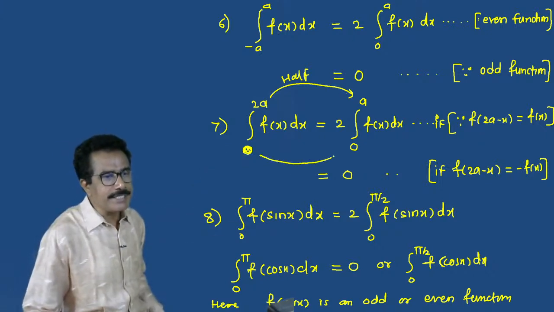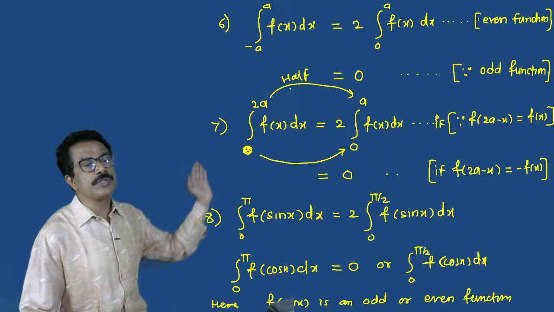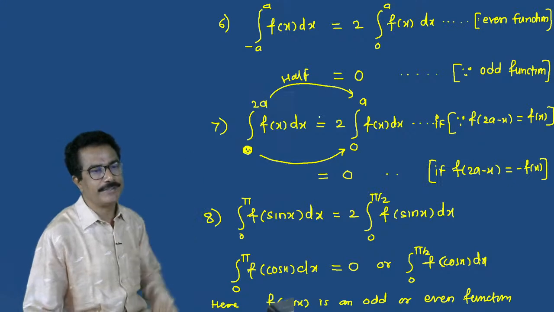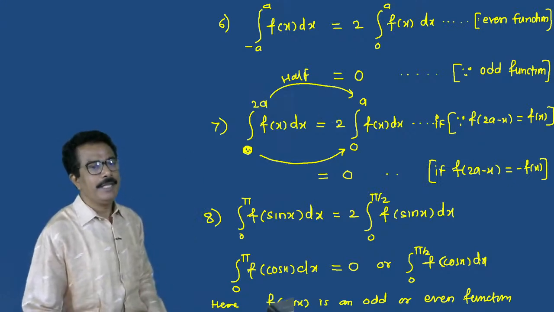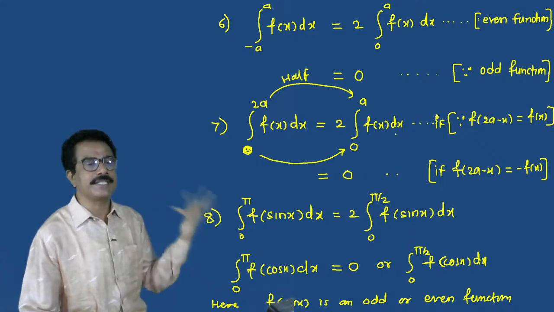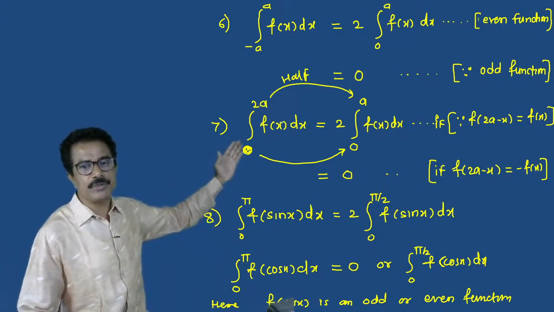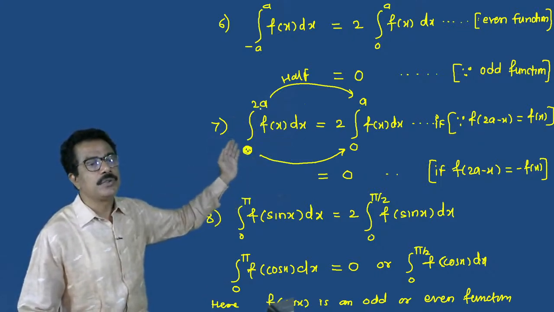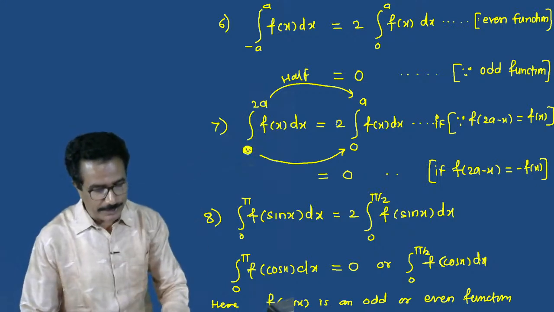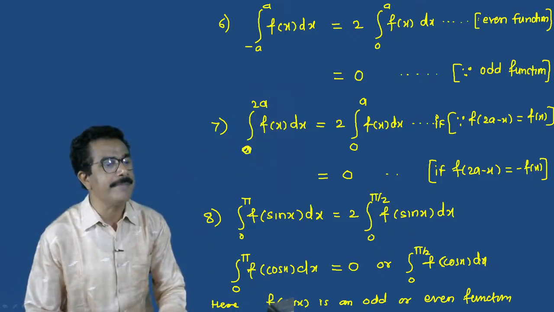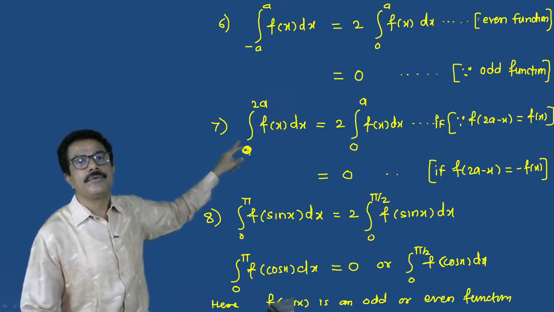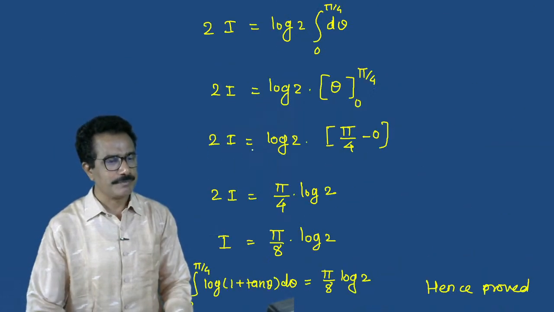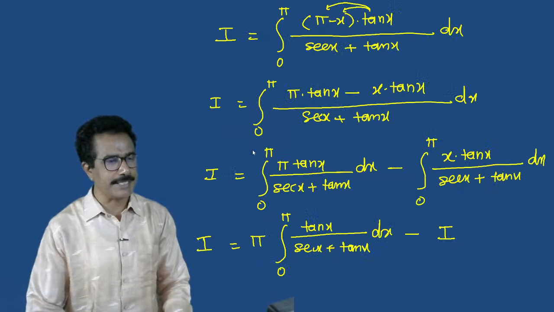Put the lower limit as it is, 0, and change the upper limit from 2a to a, which means we write half, and 2 times integral f of x dx, the same. Only the limit changes in terms of half. Here by mistake we wrote a, but it is actually 0. So now use that property number 6.